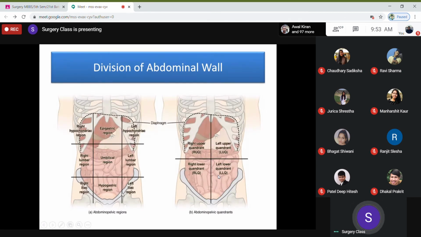The midpoint of the inguinal ligament and the midpoint of the clavicle joined together make a vertical line, two vertical lines.